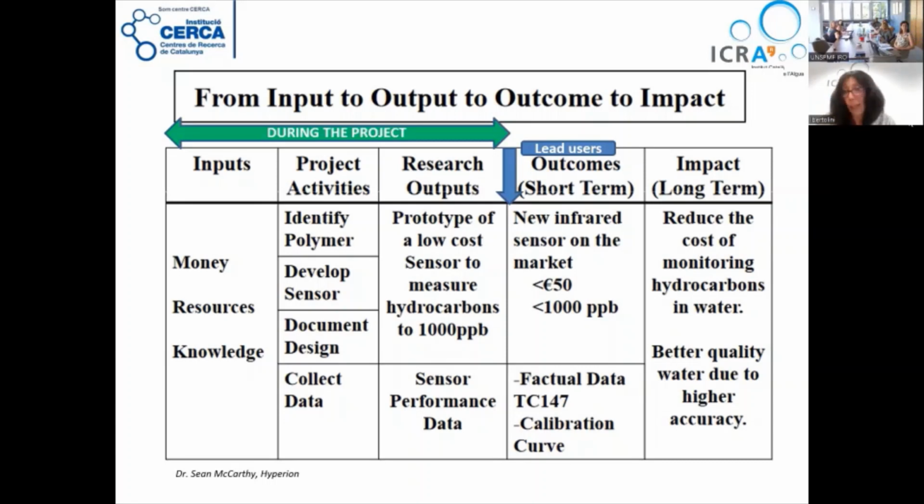And then we have the long-term impact, and we have the intervention of the end users. So let's see the example, maybe it will be clearer. For example, here, the research output, what you have at the end of your project, is a prototype of a low-cost sensor to measure hydrocarbons in water.